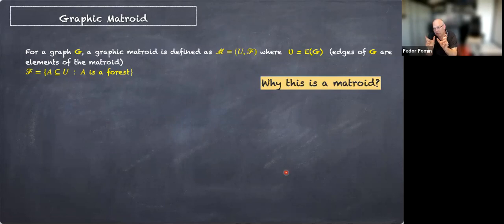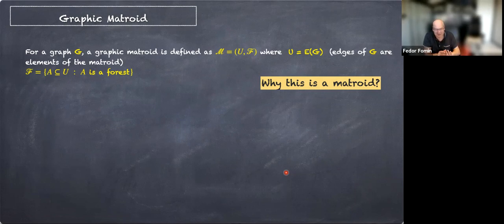If you have two forests and one forest is smaller than the other, then you can always take an edge from the larger forest and add it to the smaller one, and the result will still be a forest. If you had a first course in algorithms, maybe you remember Kruskal's or Prim's algorithm to compute the maximum spanning tree in a graph. When you prove that the algorithm works, these are exactly the arguments which you use there.